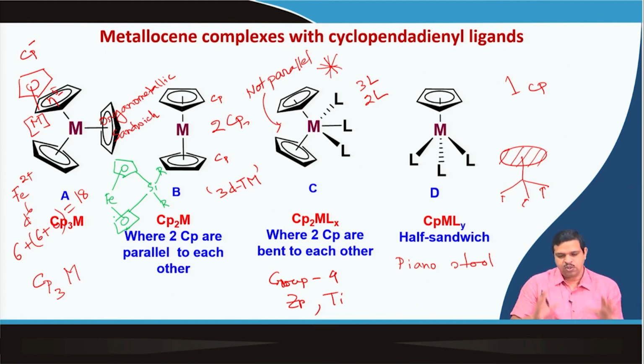So, what I am trying to tell is that there is a lot of structural variation in the metal cyclopentadienyl complexes, whether you see that the two Cp ligands are in a different position, whether it is parallel, whether it is bent, whether the two Cp rings are threaded to induce the bend or to induce the strain.